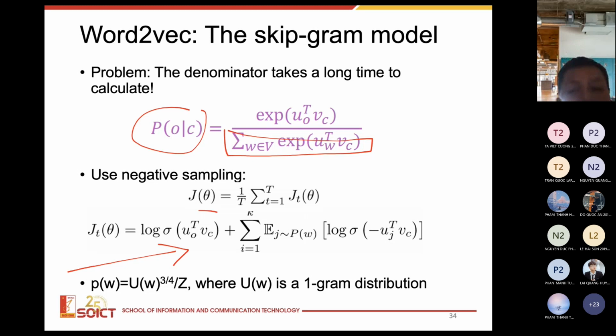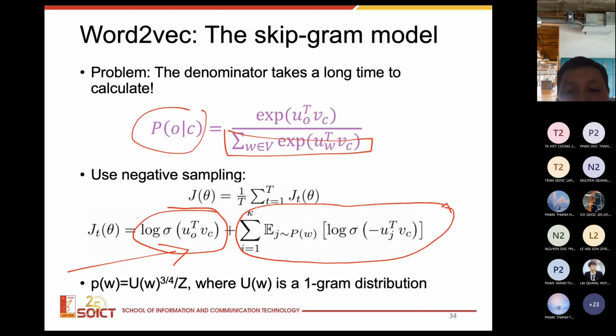This is the probability for the correct word, and this is the probability for the negative sample. Let me try to explain more clearly.